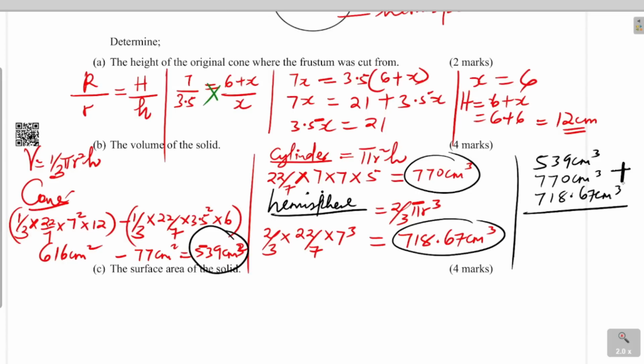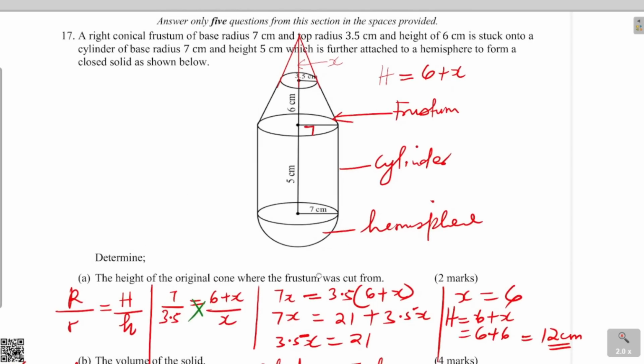When you add these, you're going to get 2027.67 centimeters cubed. That is the volume of the solid. Now we go to the other question, the surface area of the solid. So how do you get the surface area of the solid?